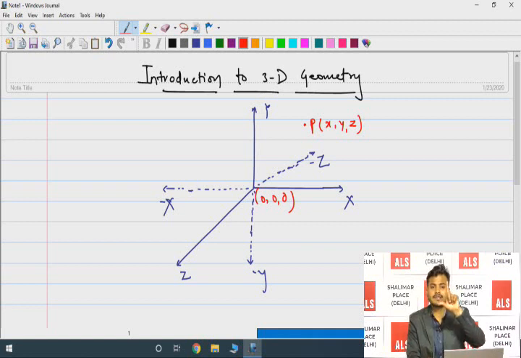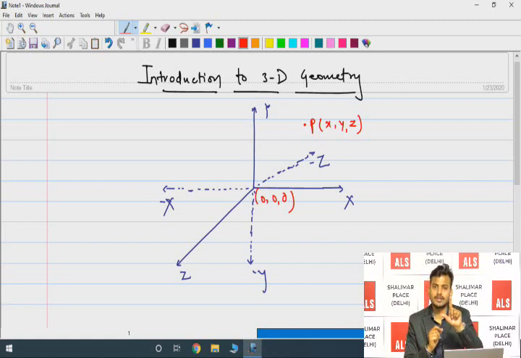So what is the Z axis? This one or this one, towards me or away from me. Can you tell me which is the Z direction? This completely is Z, I agree. But is this one plus Z or towards me plus Z?